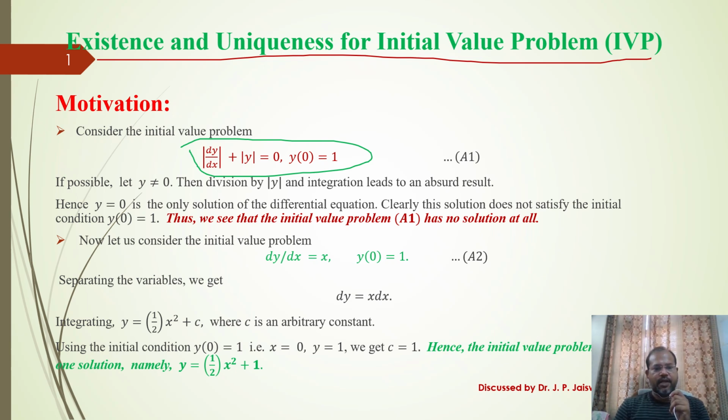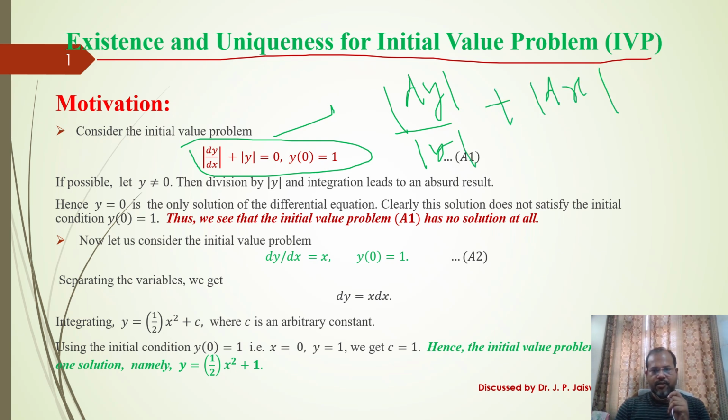If you divide both sides by |y|, it becomes |dy|/|y| + |dx| = 0. After integrating, you get |log y| + |x| = some constant.